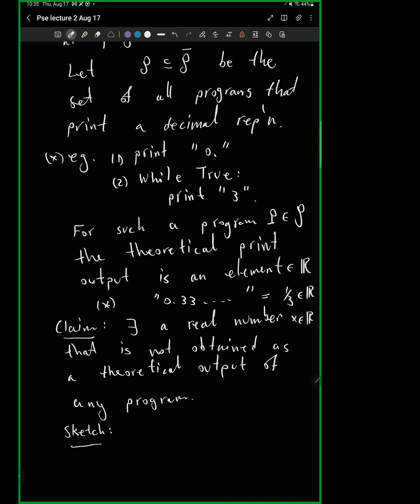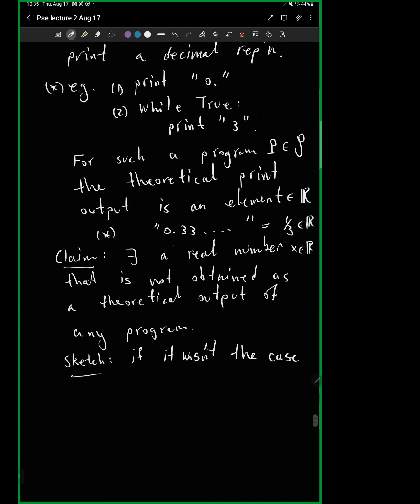But the way to prove it is you say if it wasn't the case, then for any real number we could write a program whose theoretical or eventual printing output is this number, and this means there would exist a surjective map, let's call it F, from the set of all computer programs that print a decimal representation, this we called curly P, into the real numbers.